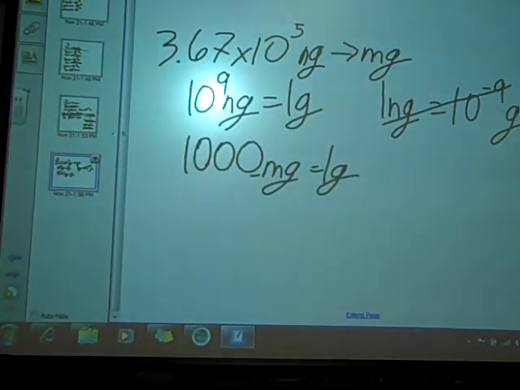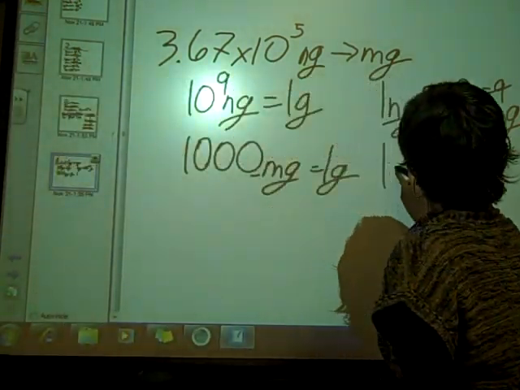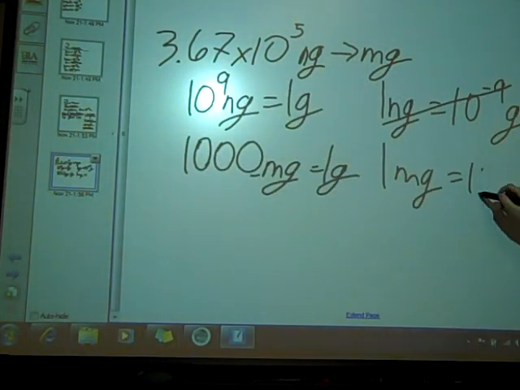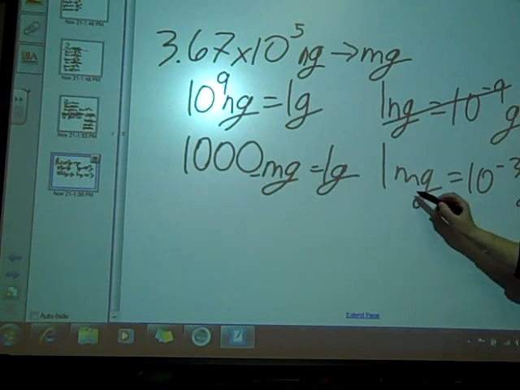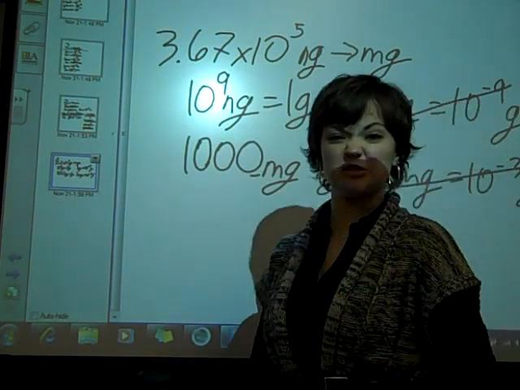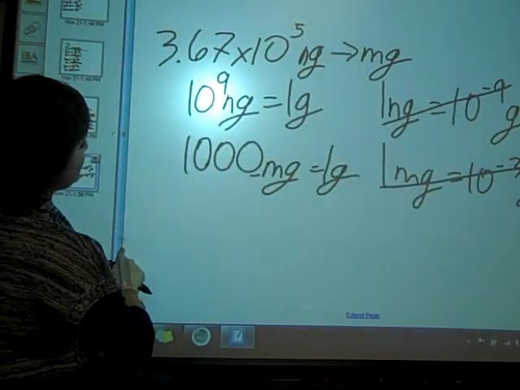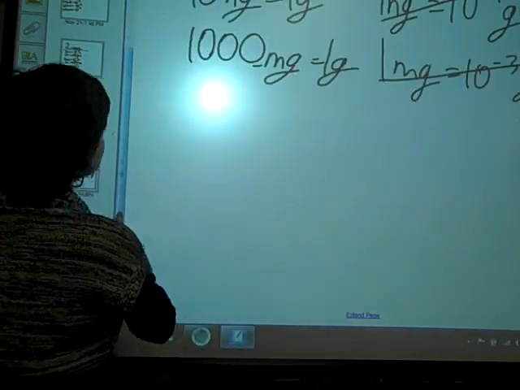1,000 milligrams per 1 gram. Again, you could say 1 milligram is 10 to the negative 3rd grams. Just don't like negative exponents. Starting unit present, ending unit present.